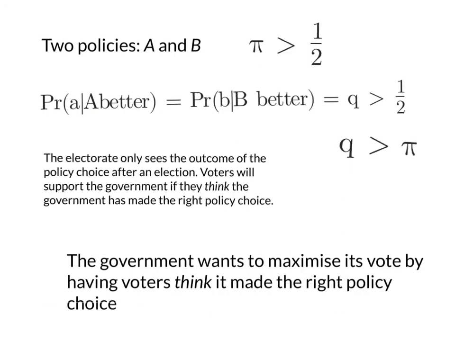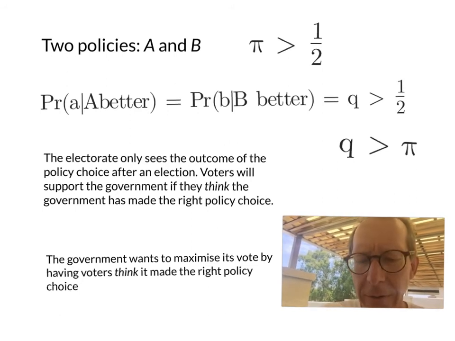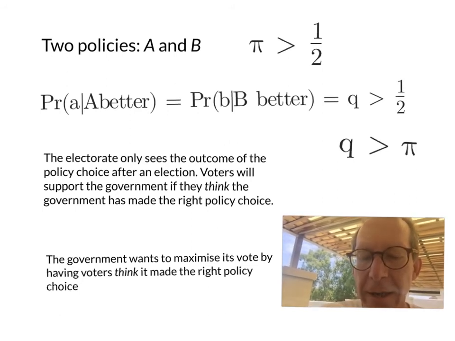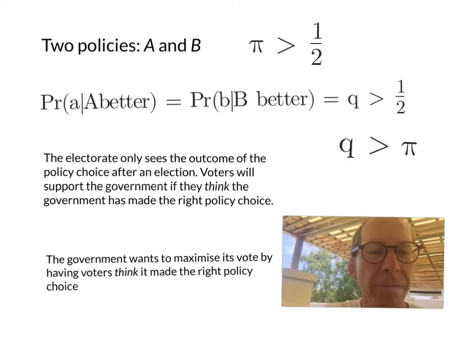So in this situation, we're going to assume that the government wants to maximise its vote by having voters think it has made the right policy choice. Now, this may seem rather cynical. The key assumption here is that the government wants to maximise its vote, not that the government wants to do the right thing. Okay, that's an extreme assumption.